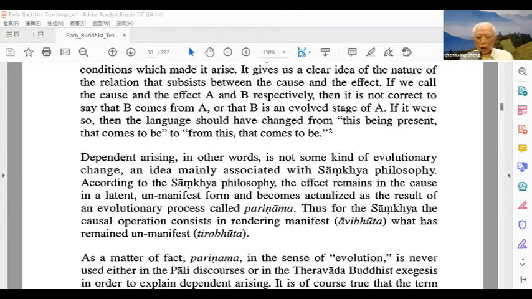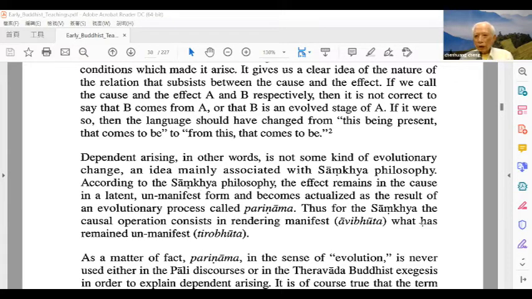Thus, for the Samkhya, the causal operation consists in rendering manifest what has remained unmanifest. Therefore, from the cause to the effect, in Samkhya philosophy, it is only rendering manifest what has remained unmanifest.